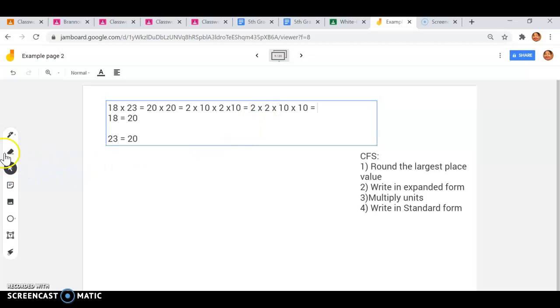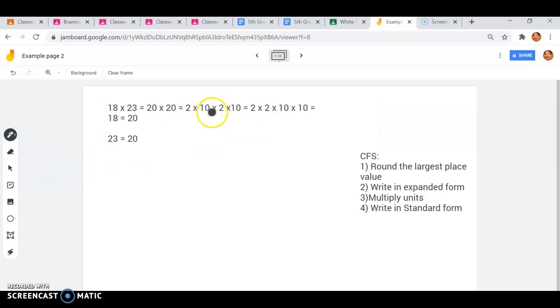So we're going to multiply 2 times 2 first, which should then give us 4. And then we're going to multiply 10 times 10, which would then give us 100.